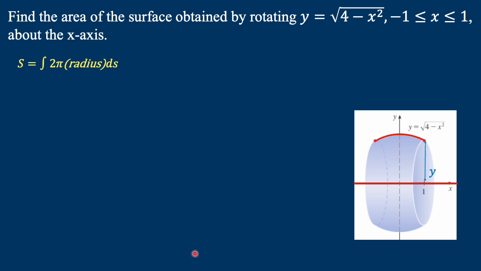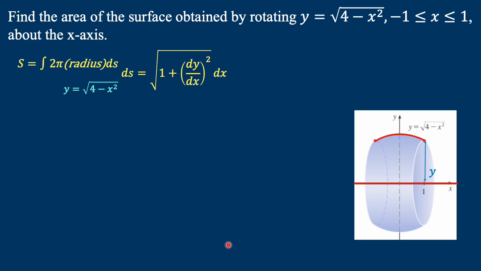The radius is f of x, the y value, so the radius is y equals the square root of 4 minus x squared. The arc length ds is the square root of 1 plus (dy/dx) squared dx, because it's rotated about the x-axis and the function is y equals f of x.